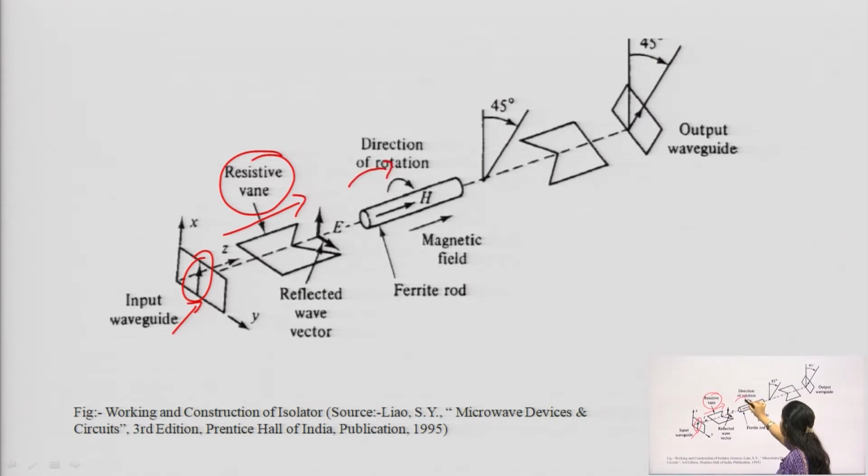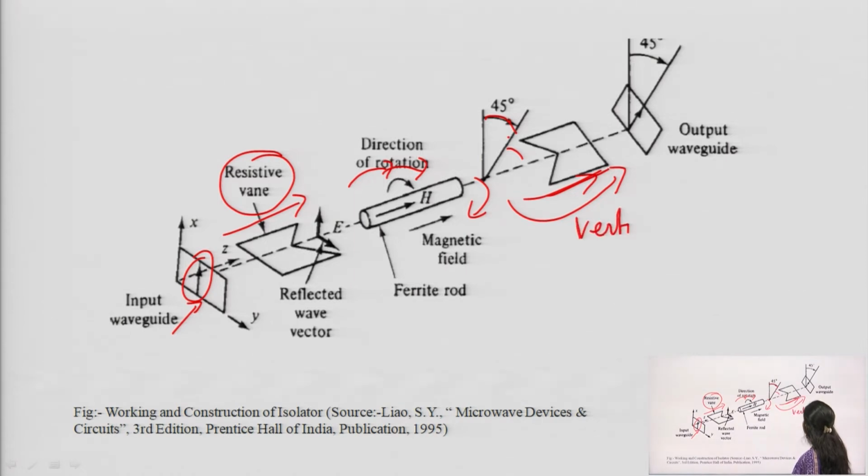This will provide a rotation to it, first clockwise, then anti-clockwise, and when it reaches the other end, it is already vertically polarized.